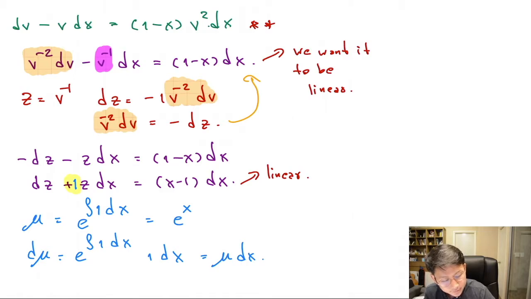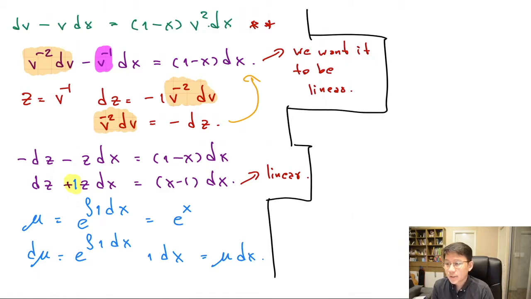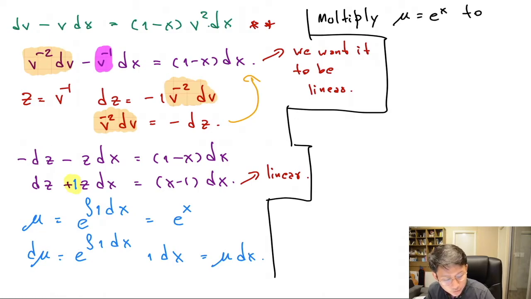And then guys, what's next? We need to multiply mu, which is e to the x, to this equation.